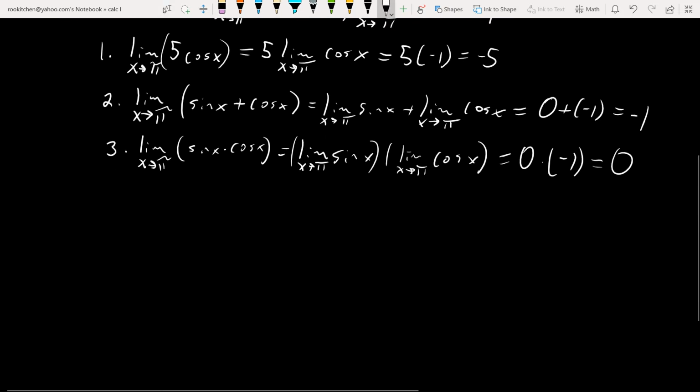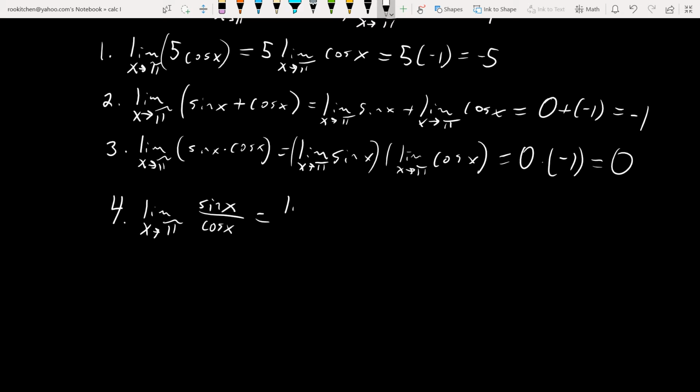Let's look at another one. The limit of a quotient is the quotient of the limits, provided that the denominator is not equal to 0. In this case, sine over cosine would be fine, but cosine over sine, we would have to try something else. So this is equal to the quotient of the limits.